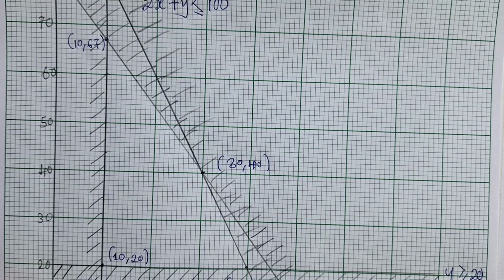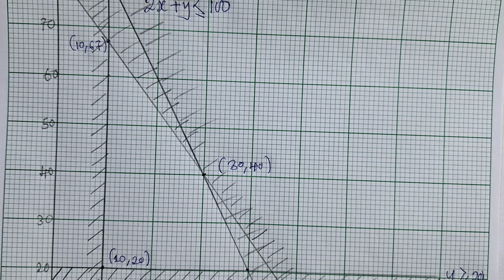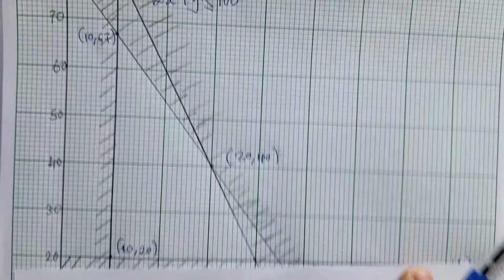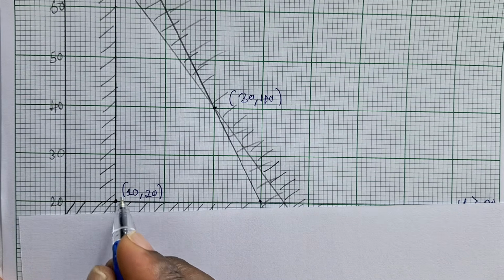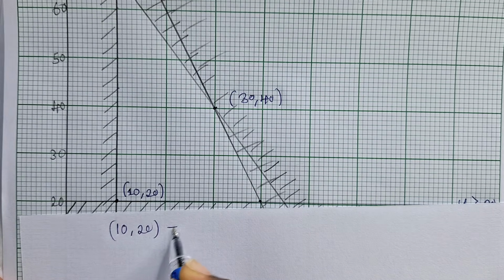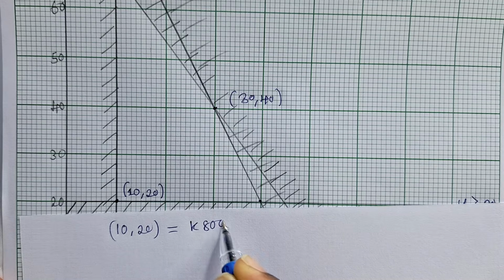Let me find a separate paper. This is what you can also do: you find a separate paper so that you write the values you're getting. So for 10, 20, I've gotten 800.